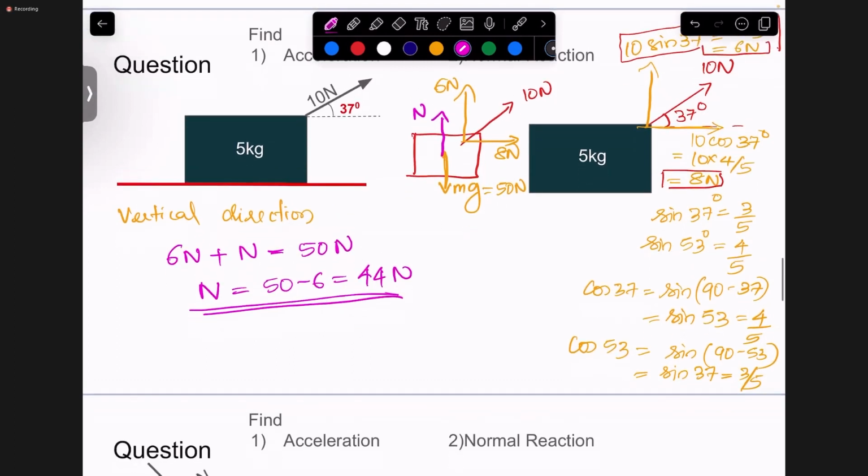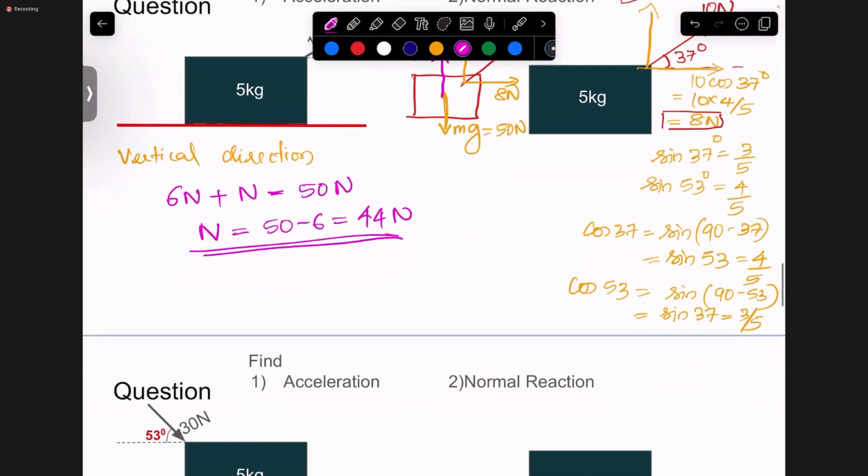And acceleration is due to the horizontal force. So the horizontal force is 8 Newton. So net force, 8, is equal to mass times acceleration.